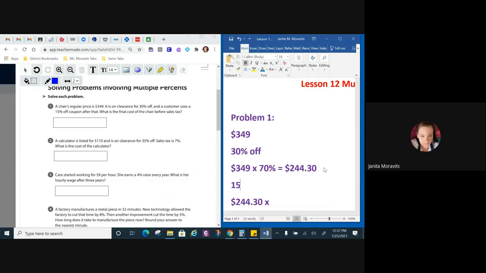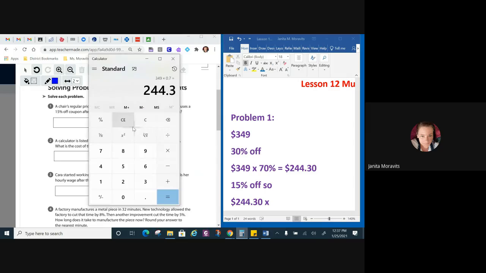If it's 15% off, that means you are going to pay whatever 100 minus 15 is. That'll be 85%. So the cost is 85% of the clearance price.